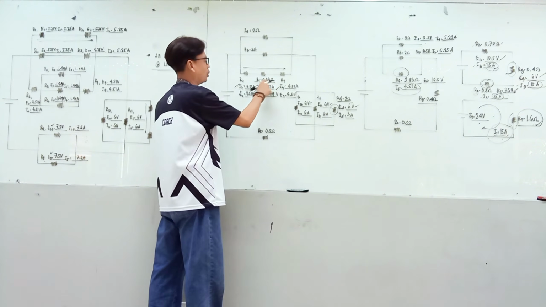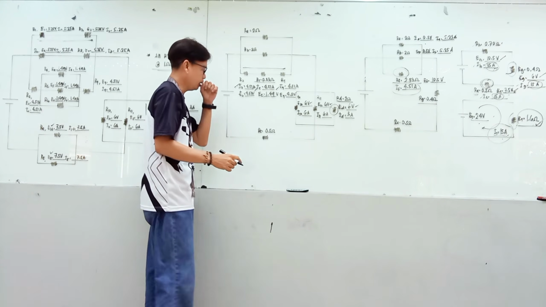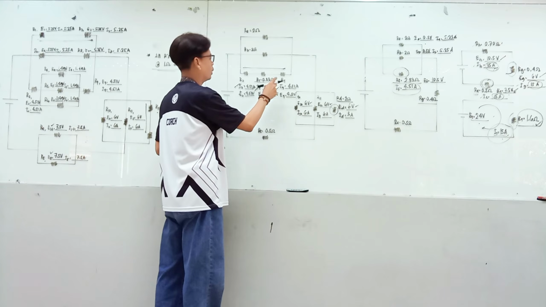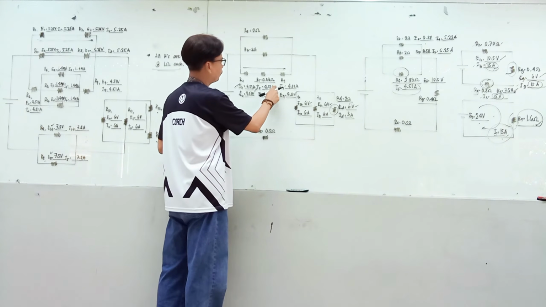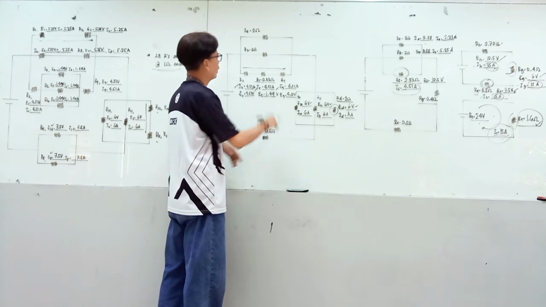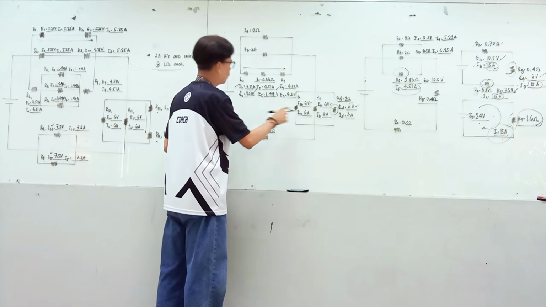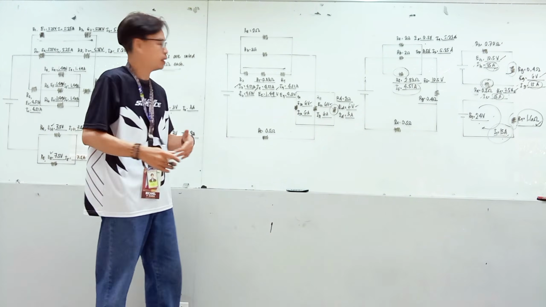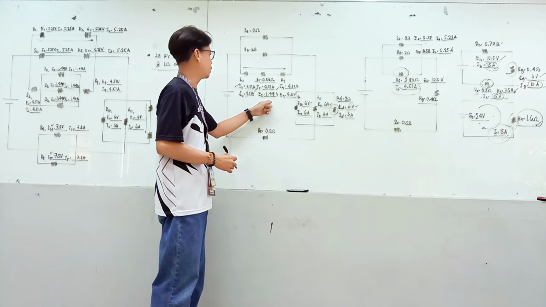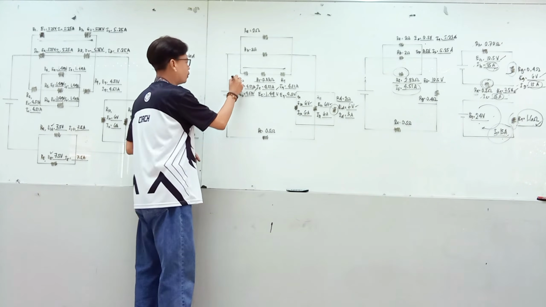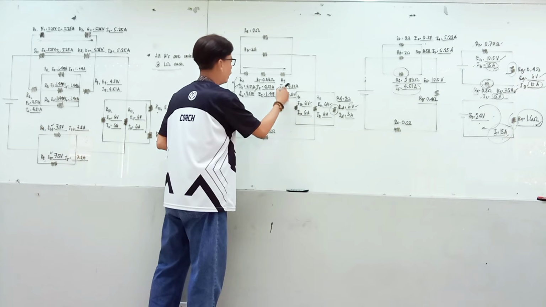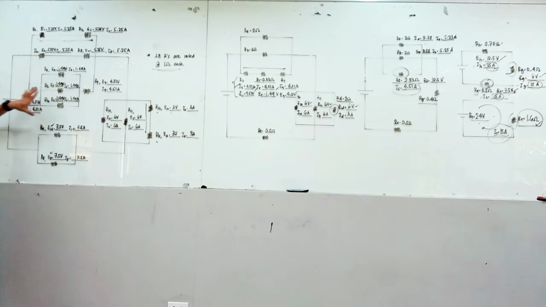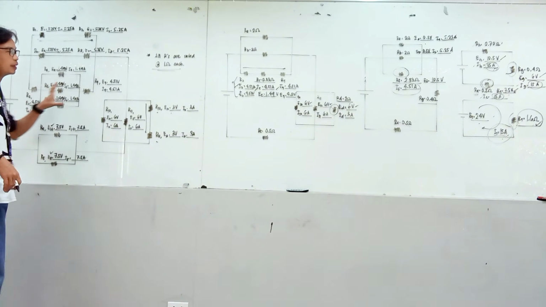But in this case, it is 0.33. So 0.33 multiplied by 4.51 is equal to 1.49. So that is 1.49 volts. So these values for R3 and R9, we just transfer there, R9 and R3. They are the same.